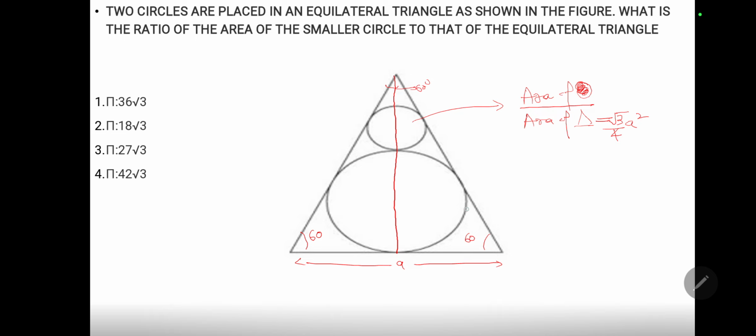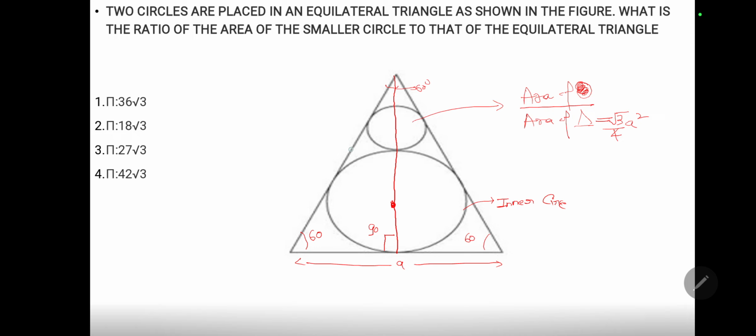And I can see there is an inner circle, and if you have read a little bit about the inner circle and circle properties, if I draw its radius where it touches internally, it always makes a 90 degree angle, and of course this is also the perpendicular of the equilateral triangle.